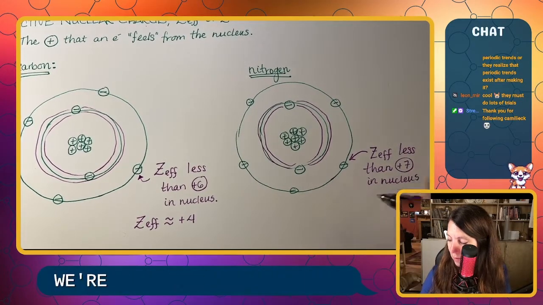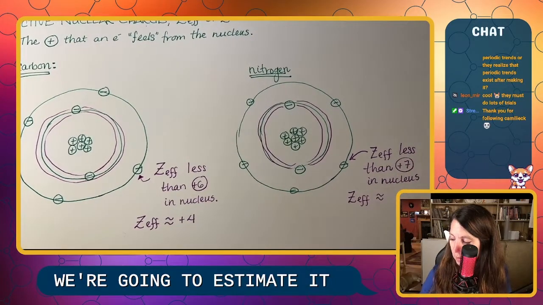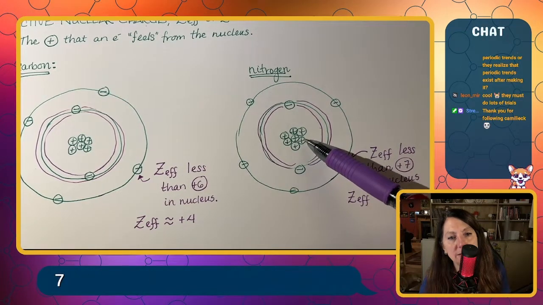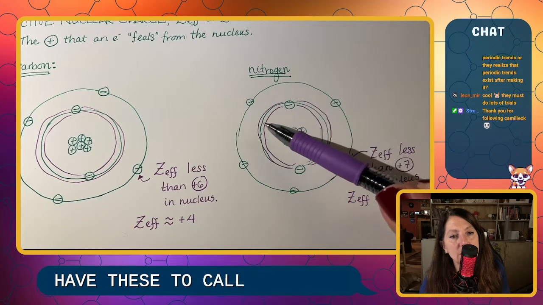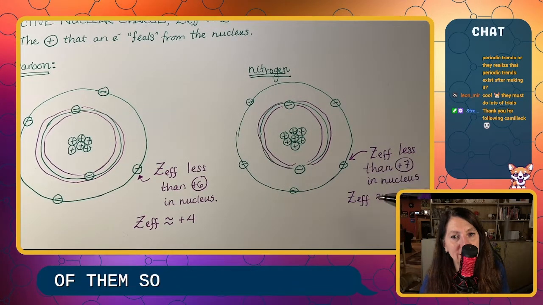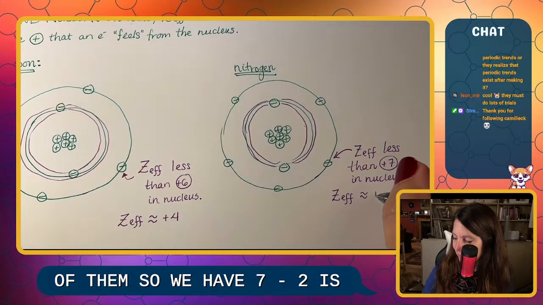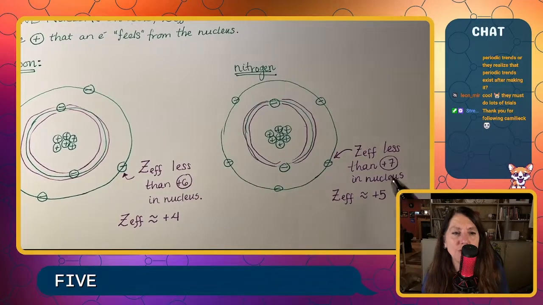We're going to estimate it as 7 protons in the nucleus, with these 2 core electrons canceling out 2 of them. So 7 minus 2 is 5. So check it out.